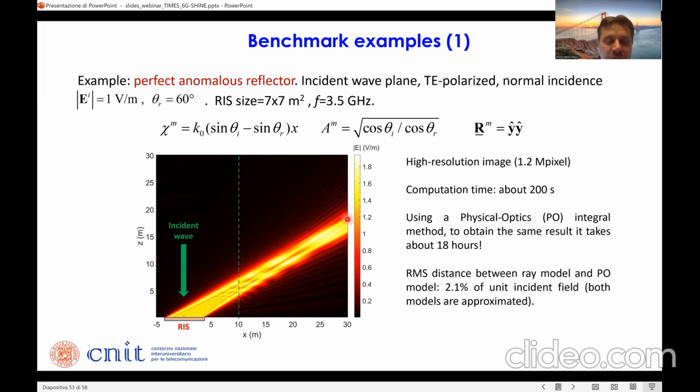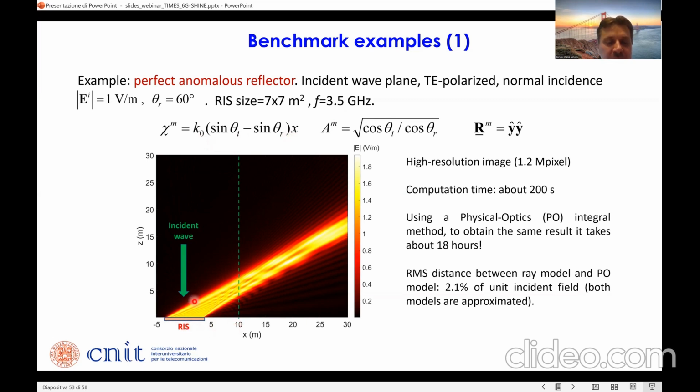The plot shows the distribution of the radiated field. In this case, we normalized the incident field to 1 volt per meter. The frequency was 3.5 gigahertz. And the configuration of the RIS was this one, basically a constant phase gradient along the x-axis.